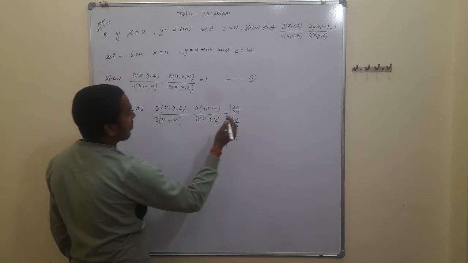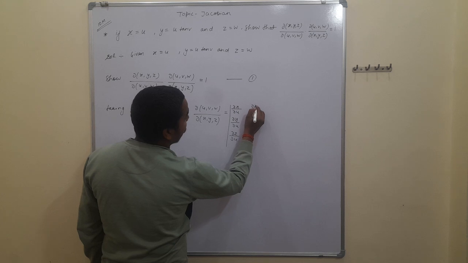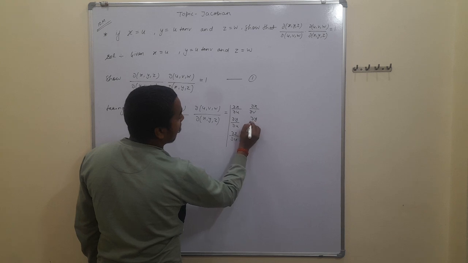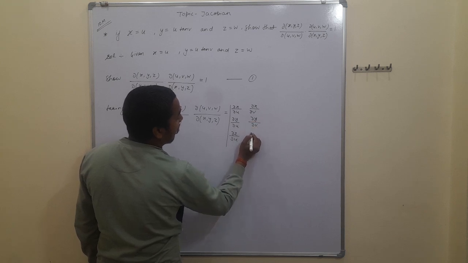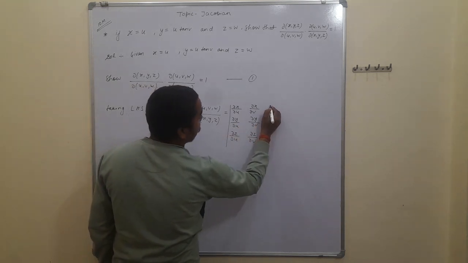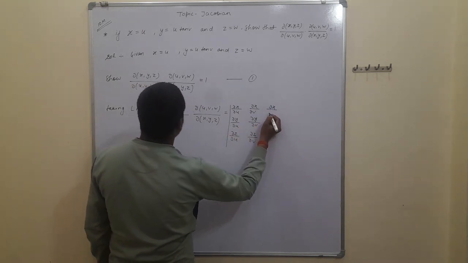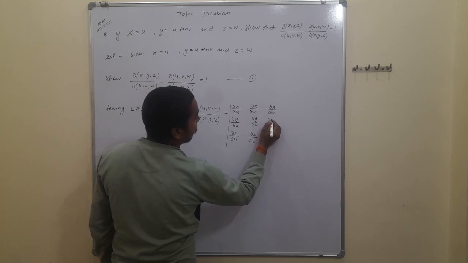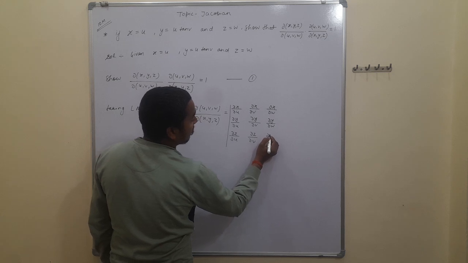Further, second row del x upon del v, del y upon del v and del z upon del v. Further, for the third, del x upon del w, del y upon del w and del z upon del w.